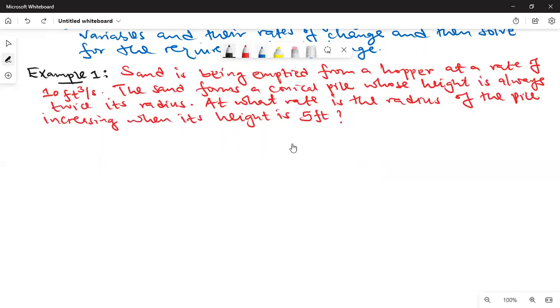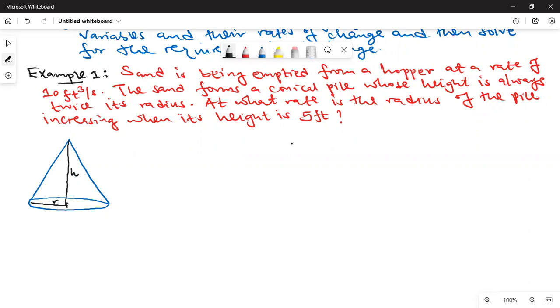So we write here solution. We start by sketching the cone, the conical pile. Something like this. This pile has a radius r. Let the radius be r at any time t, and let the height be h.